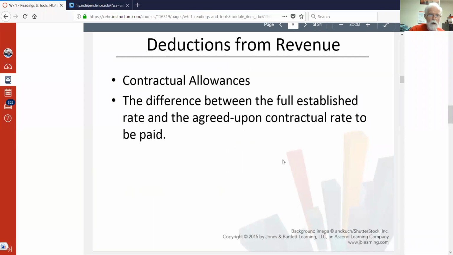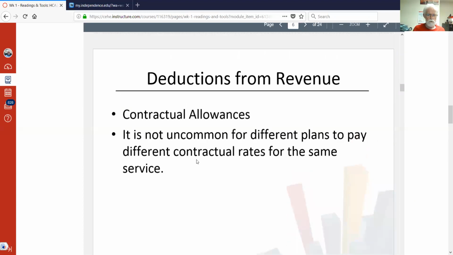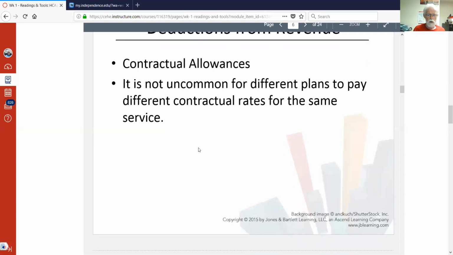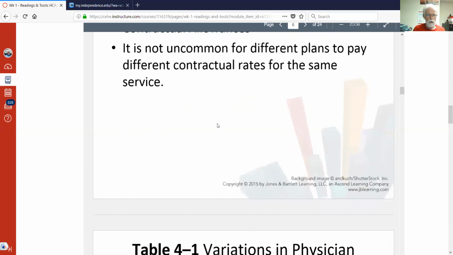Deductions from revenue, these are contractual allowances. Now, that is the difference. You've seen it. You've seen your medical bills. The doctor may charge you $300 for the visit, but after the contractual rate it might be $75. So those are deductions. It's not uncommon for different insurance plans to pay different contractual rates for the same service.